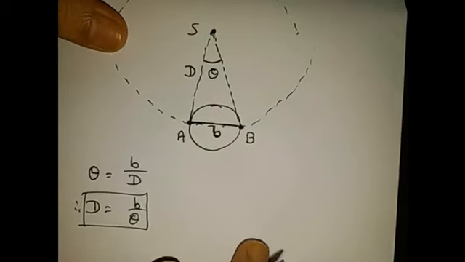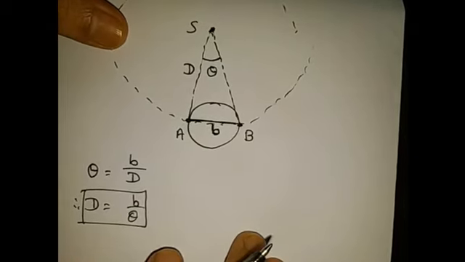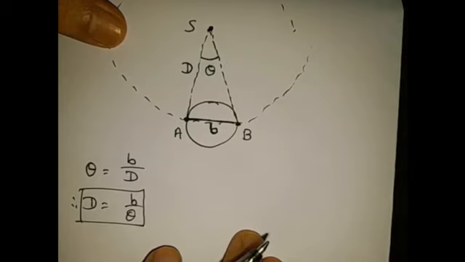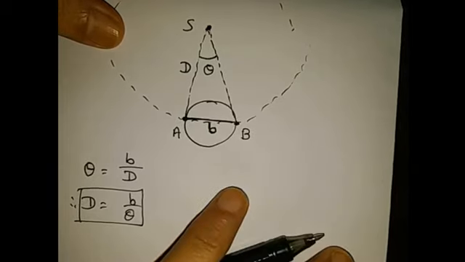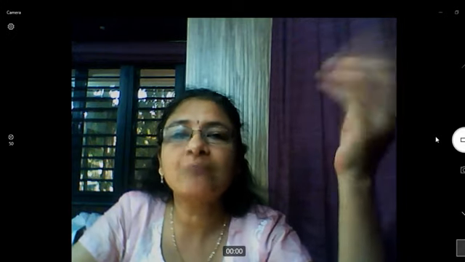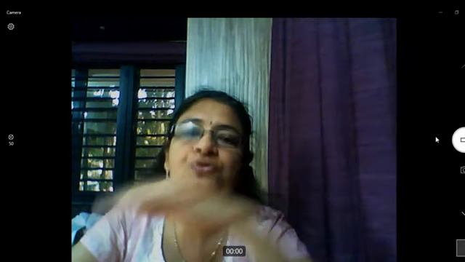Now today we will learn a method in which we can measure the size of a planet. Okay, see, we have to measure the size of a planet. Suppose you might have learned that nowadays scientists know that the size of the moon is this much, the diameter of Mars is this much, the diameter of Jupiter is this much.